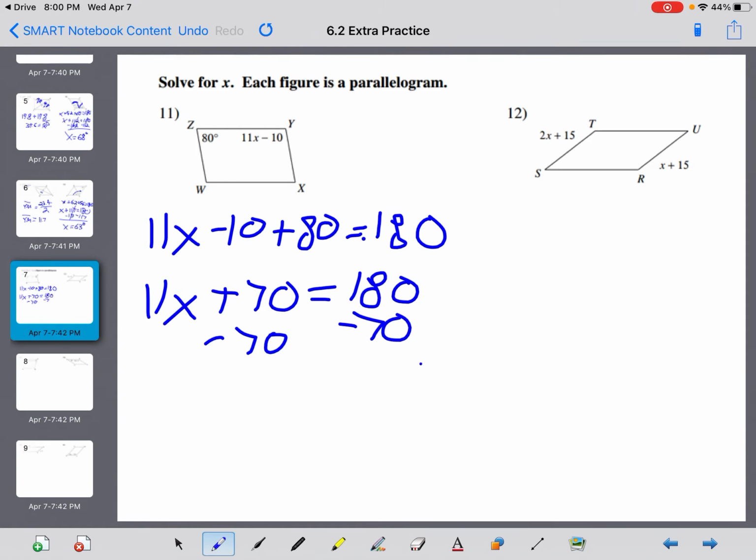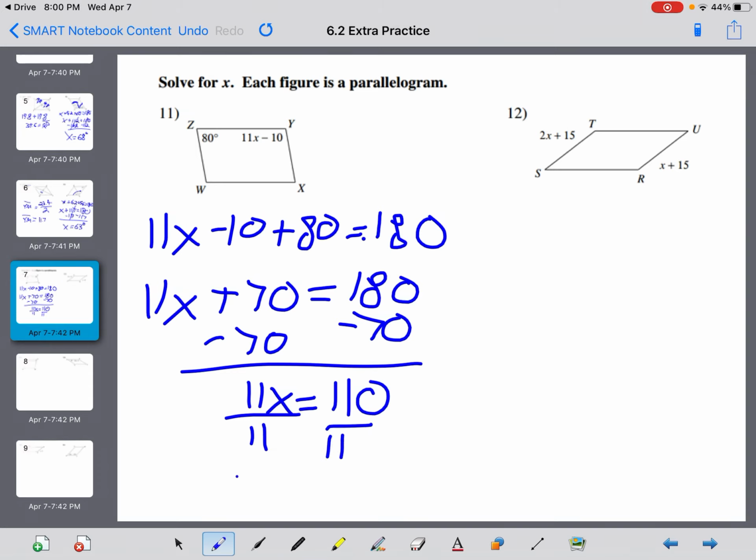Subtract 70 on both sides, and 11x equals 110. Divide both sides by 11, and x equals 10.